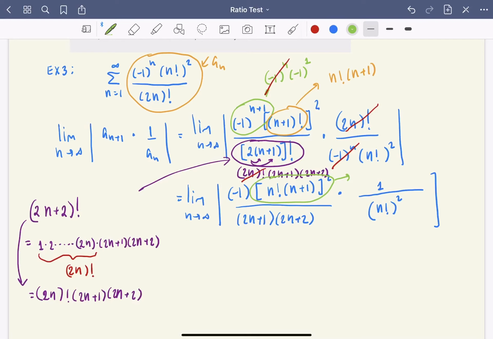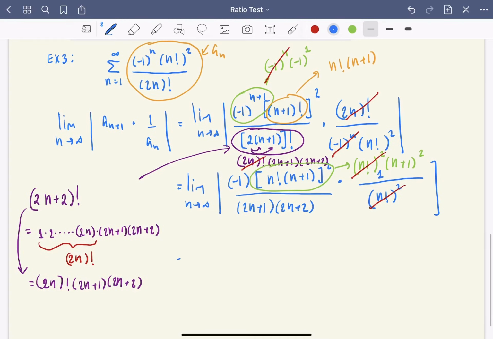What does this mean? It means n factorial squared times (n plus 1) squared. Okay, because this square is for this and for this. Then we see that this is the same, so we cancel out. So we have (n plus 1) squared divided by (2n plus 1) times (2n plus 2).